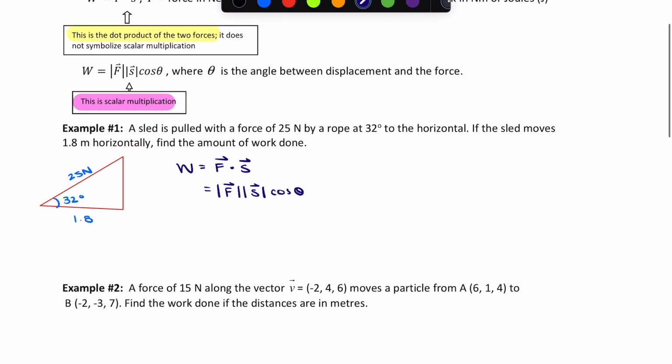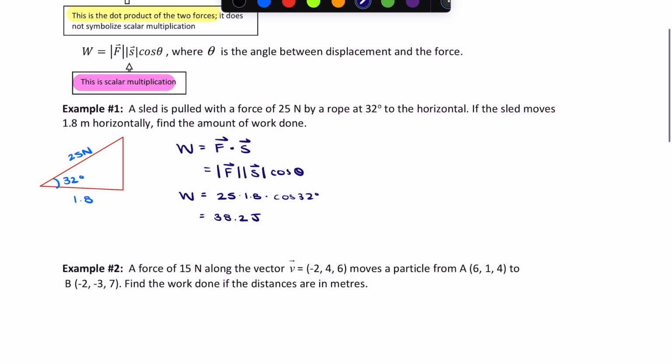And so work is equal to 25 times 1.8 times cos 32 degrees. So we see that the work is equal to 38.2, and again, work is in joules.